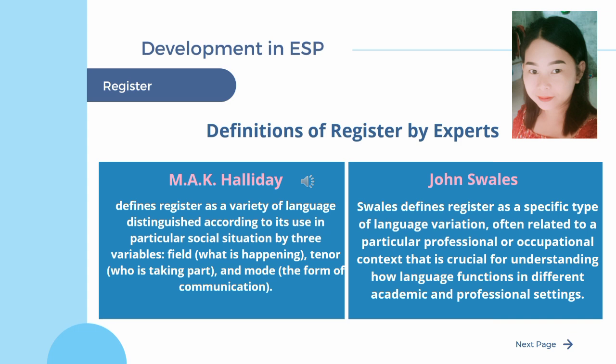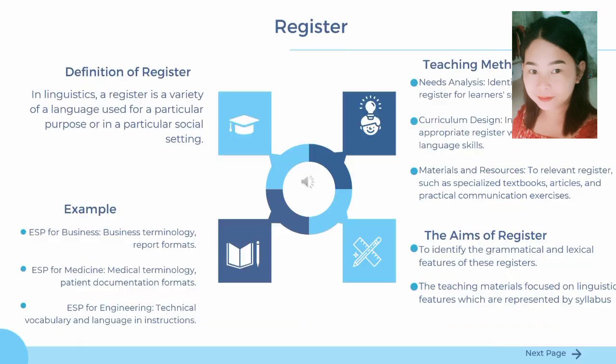John Swales defines register as a specific type of language variation often related to a particular professional or educational context that is crucial for understanding how language functions in different academic and professional settings.